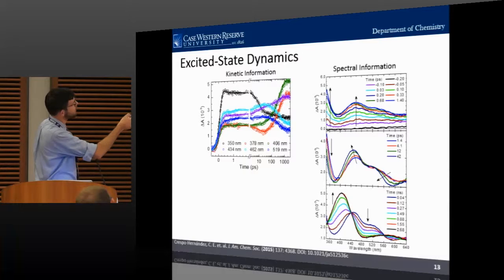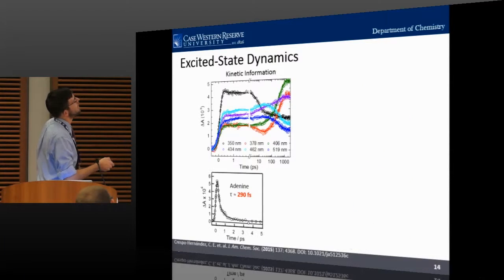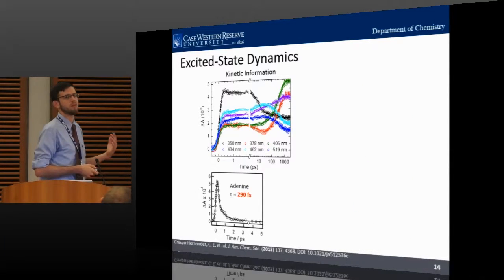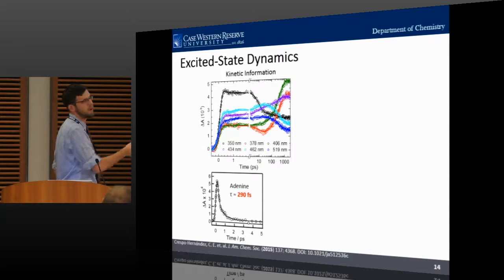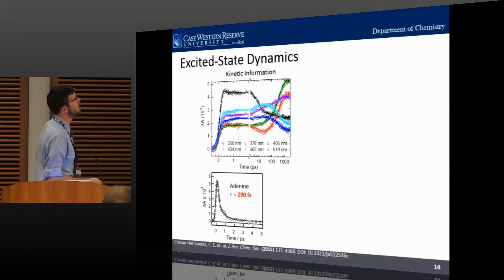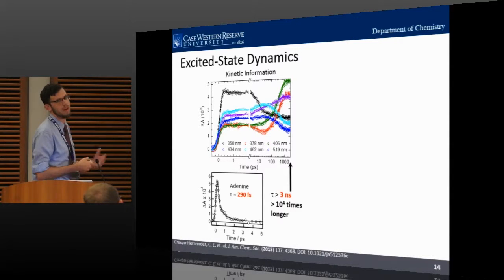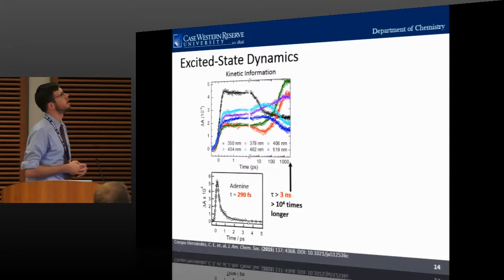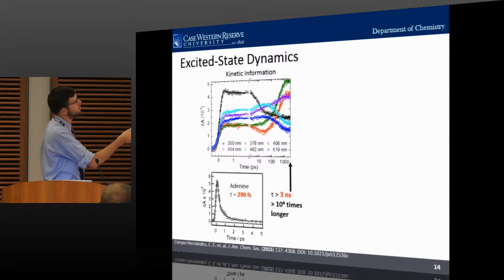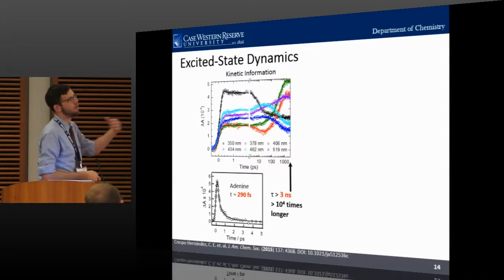If we first look at the kinetic information and compare it to the natural adenine base, the purine core does not go back down to the ground state immediately. In fact, in this time scale, we looked out to 3 nanoseconds with our setup, and we can see that we're actually beginning to populate even longer-lived excited states at the end here that will go on for longer and longer time.